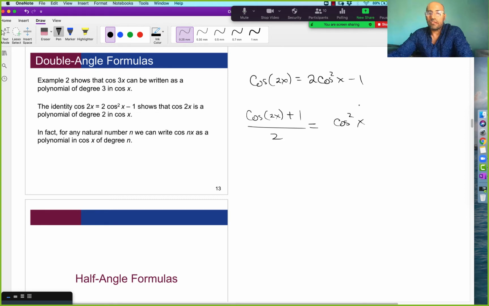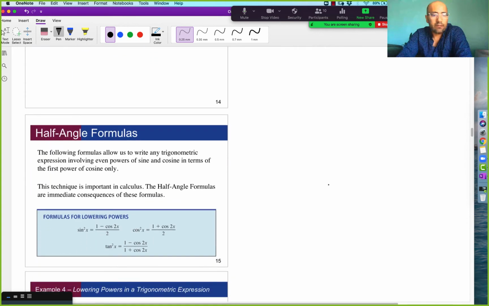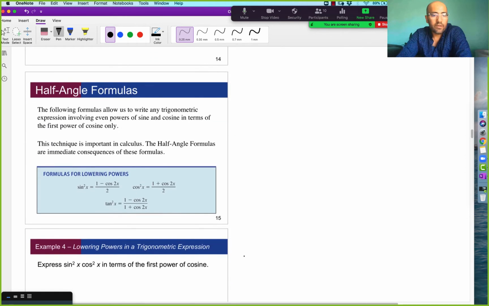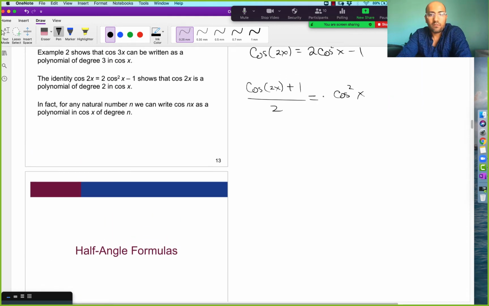This is what we call the power reducing formulas. So here we go. We have cosine squared x equals 1 plus cosine 2x over 2. That's the same one we just solved right here.